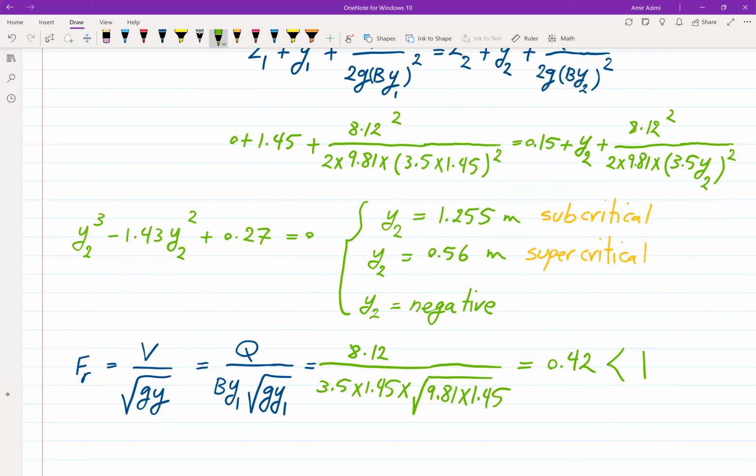So the flow is subcritical. So the flow is subcritical and it remains subcritical. So we choose subcritical answer. So the supercritical answer is not correct. Okay, that's it.